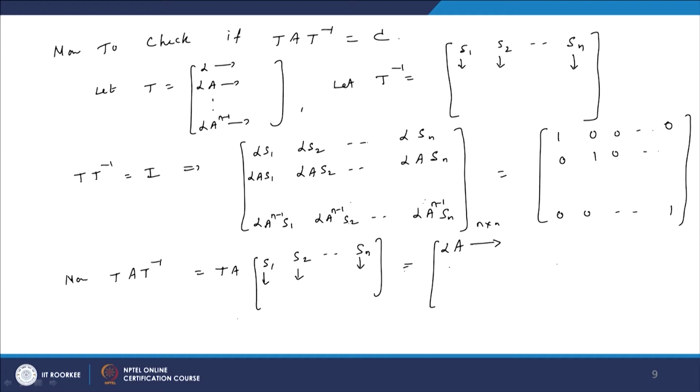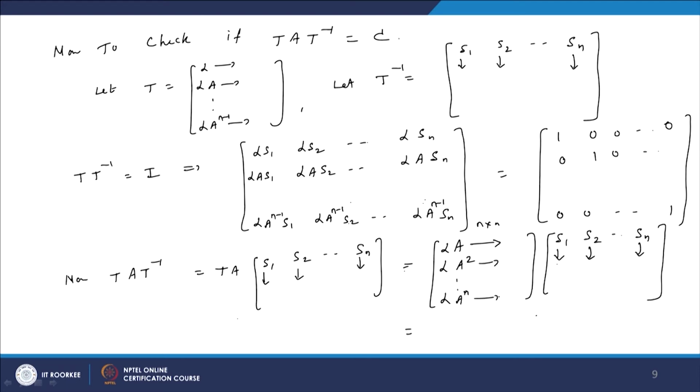The second row is alpha A multiplied by A, that is alpha A square, etc., alpha A power n minus 1 is the last row multiplied by A, that is alpha A power n, okay. So, this is T into A, multiplied by the T inverse S1 S2 Sn.